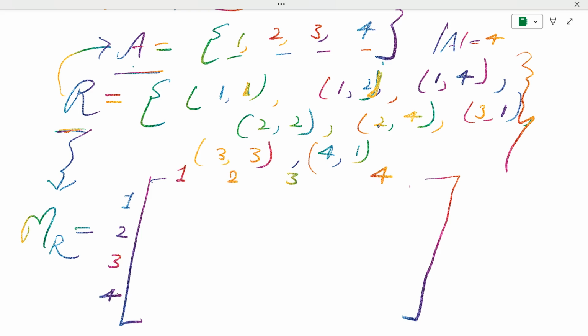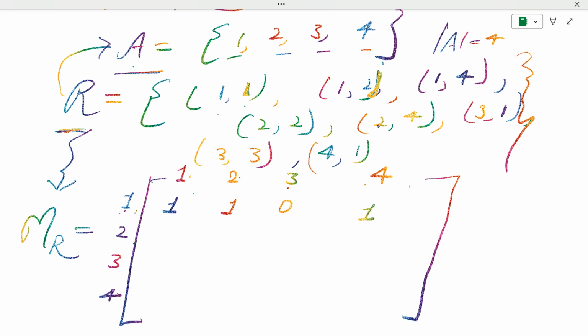There will be a directed edge from 1 to 1 if (1, 1) is present in R. So (1, 1) is present in R, so there is a directed edge. If (1, 2) is present in R, there is a directed edge. If (1, 3) is present in R, no, it is not present, so it will be 0. If (1, 4) is present in R, yes, it is present, so 1.